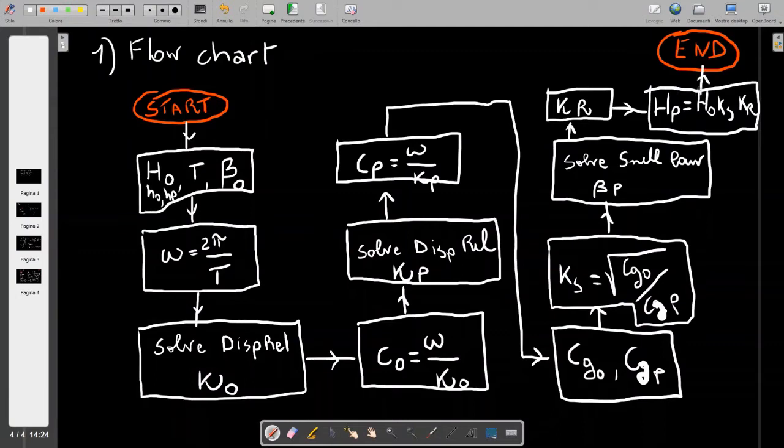So we need to write a script able to solve the problem of the wave propagation from the point located offshore up to a point located inshore.